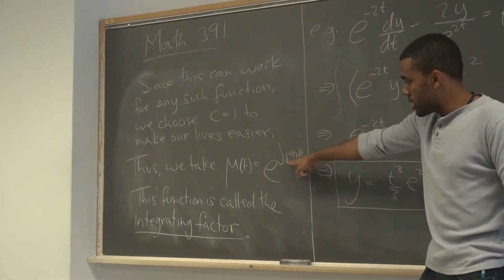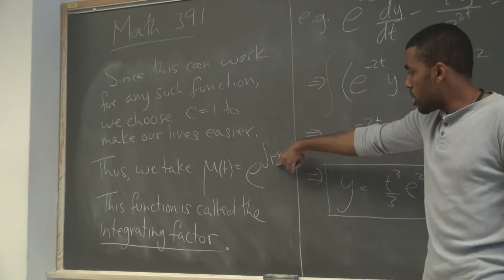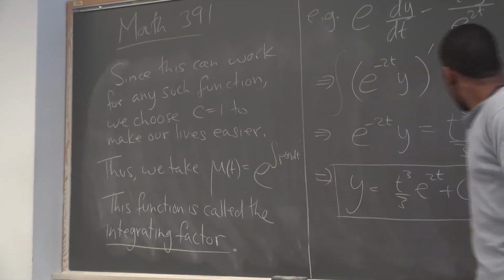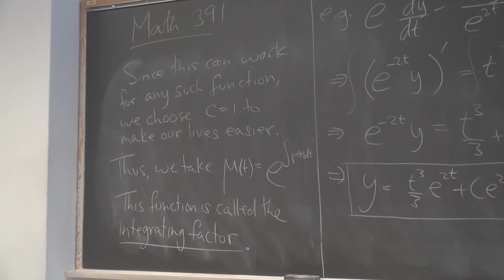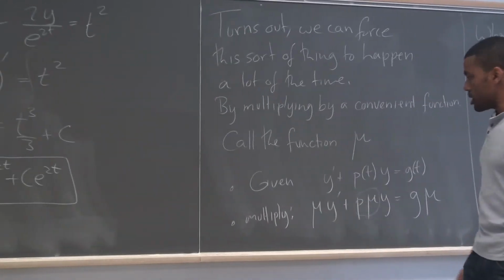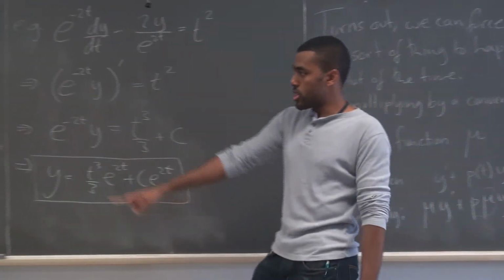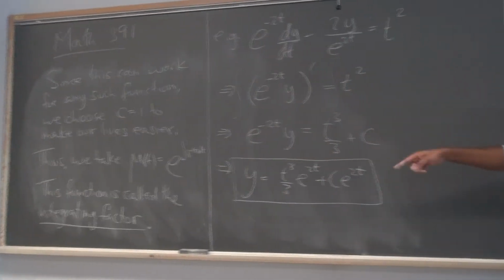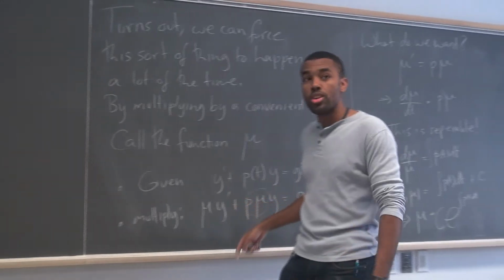And then you end up with mu is just an exponential raised to the integral of this function, the coefficient of y, right? So what we've just shown, and everything was arbitrary here, I didn't pick particular functions, nothing was very specific, is that if I multiply through by a function that looks like this, I will transform any first-order linear differential equation into the product rule.